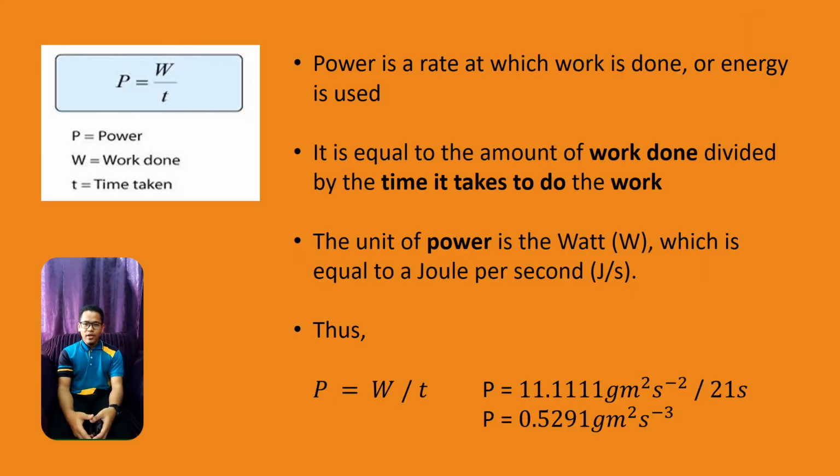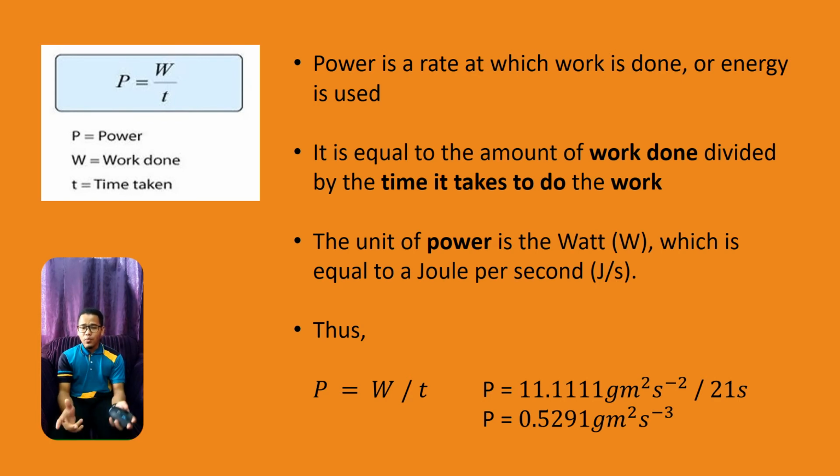Okay, for the next one, we will calculate the power. As we know, power is the rate at which work is done or energy is used. It is equal to the amount of work done divided by the time it takes to do the work. The unit of power is the watt, which is equal to a joule per second.